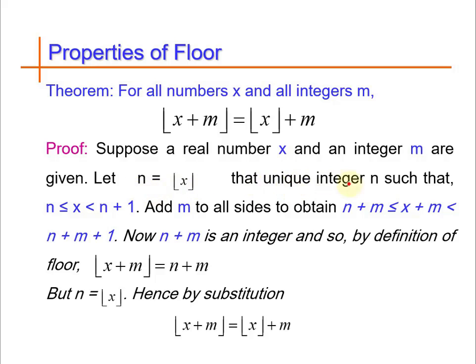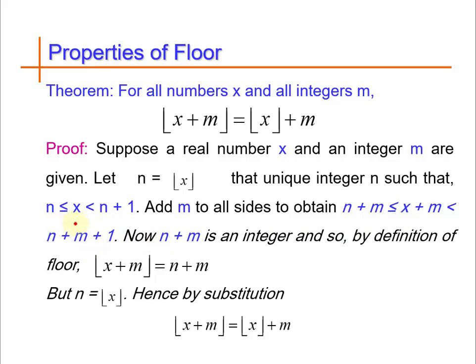And by the definition, when we choose this number to be n, we get this inequality that n is less than or equal to x is less than n plus 1, and we can make this inequality through the definition of the floor function that x lies between n and n plus 1. Now using this inequality we add m to all the sides to obtain n plus m is less than or equal to x plus m and is less than n plus m plus 1.